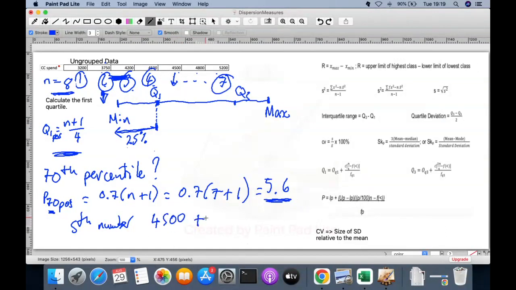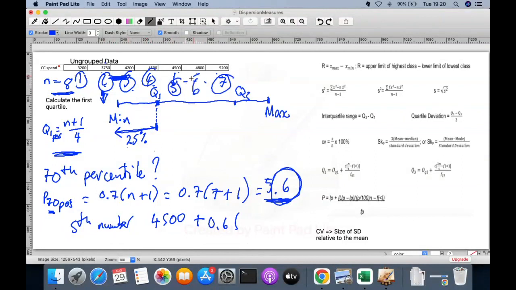Then we say plus, and then we look at the number on the right of the decimal, which is 0.6, times the difference or the length between the fifth and the sixth number. Here's 1, 2, 3, 4, this is the fifth number.